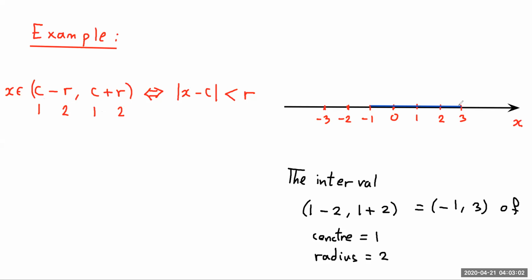This interval is in blue. Here the 1 in the middle is c, so for this reason it's called the center. This distance is 2, and this distance is 2, so 2 is the radius of the interval.